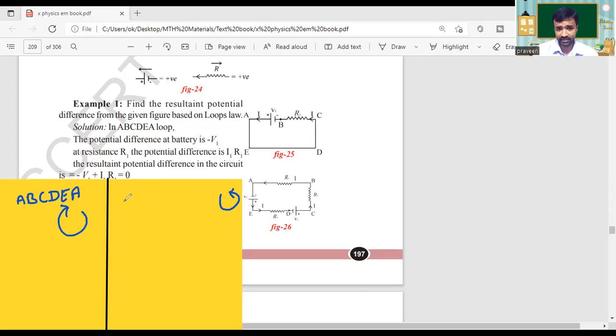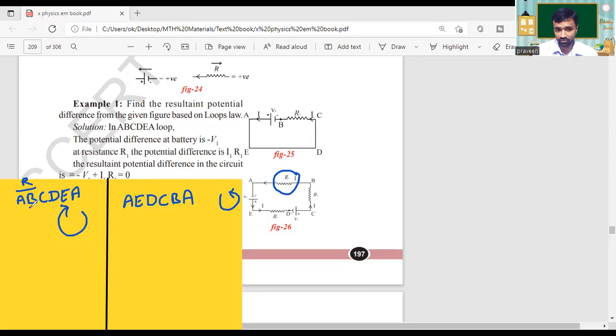So here, anti-clockwise direction: A to E, E to D, D to C, C to B, and finally reaching A. Then the components. The simple logic I am following is to locate them easily between two points. Suppose A to B, I have one component here, that is resistor R. So symbolically, I am writing it as R.